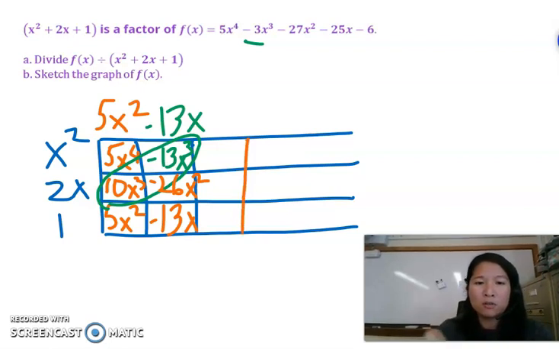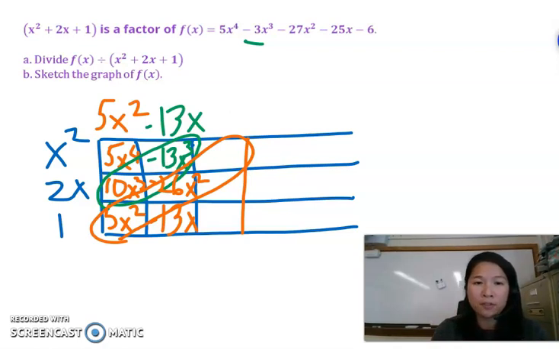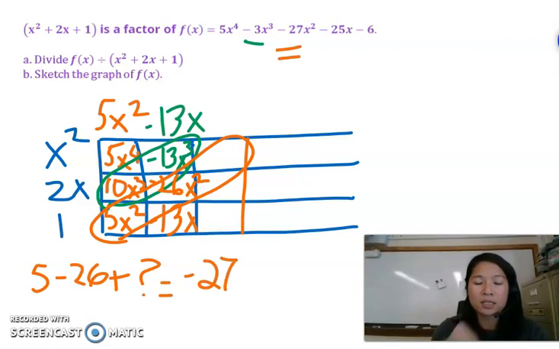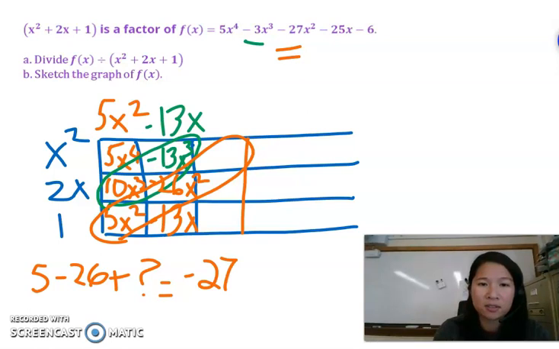Add one more row. All right. To find this top term, we have to combine all 3 of those. So we have 5, negative 26, plus something else, and we want it to equal negative 27. Well, 5 minus 26 is negative 21, so we need negative 6.